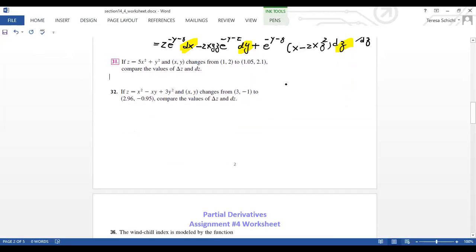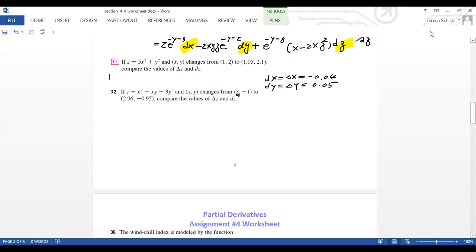I want to compare the values of delta z and dz. So dx, equal to delta x, is negative 0.04, correct? And dy is equal to delta y. So from negative 1 to negative 0.95, I add 0.05 here.